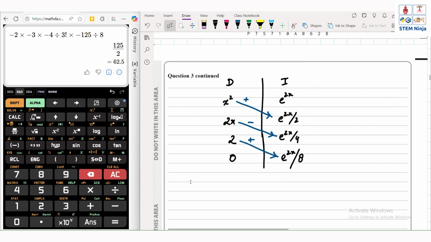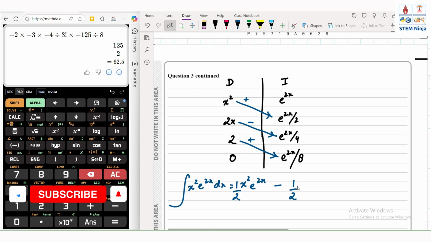So when we combine the terms, this will turn out to be the integral of x squared e raised to power 2x dx equals x squared e raised to power 2x over 2 minus 2 times 1 over 4, which is 1 over 2 x e raised to power 2x, plus 2 times 1 over 8, that is 1 over 4 e raised to power 2x plus c.